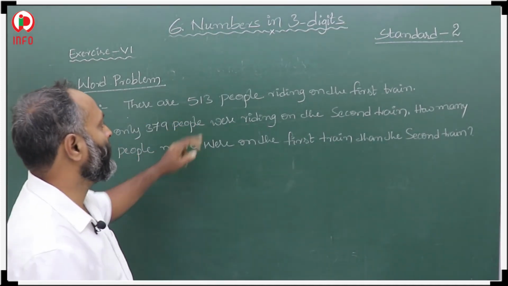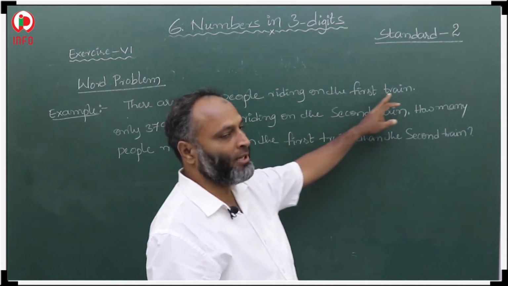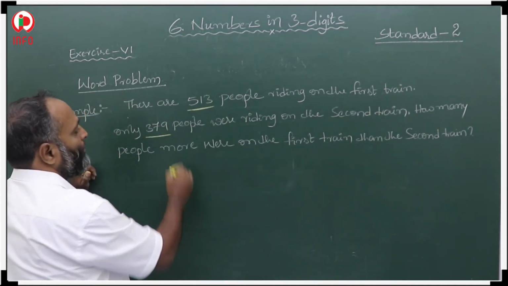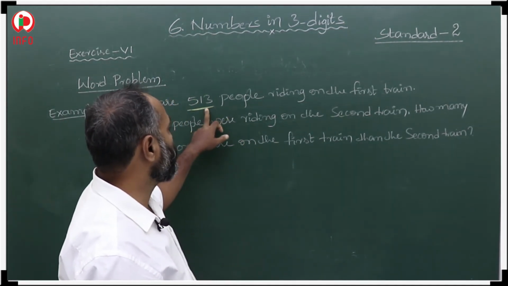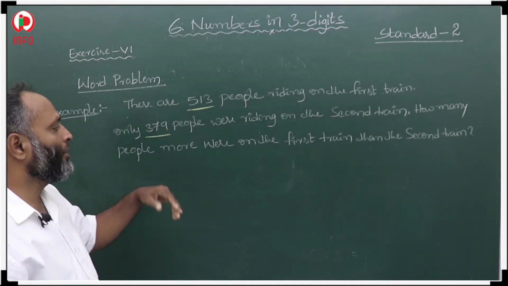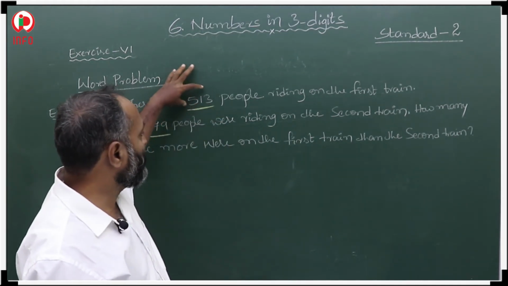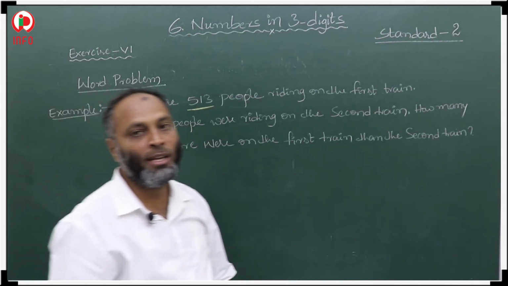Okay. Now read the question. There are 513 people riding on the first train. Only 379 people were riding on the second train. This is about the first train. This is about the second train. How many more people were on the first train? How many more people is he asking?